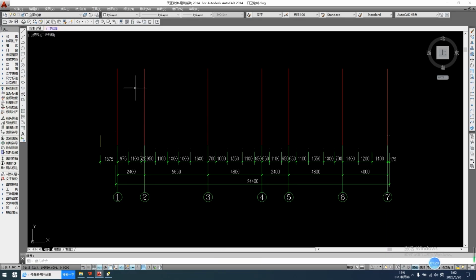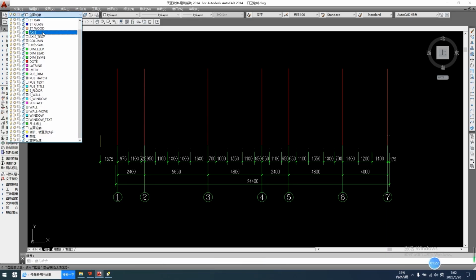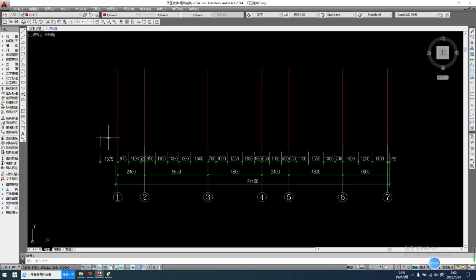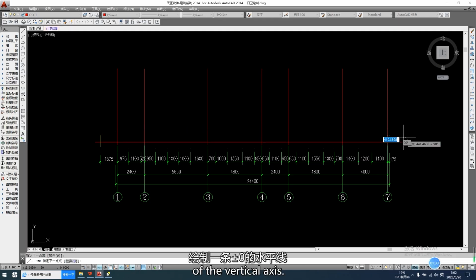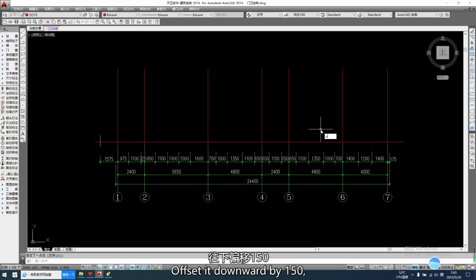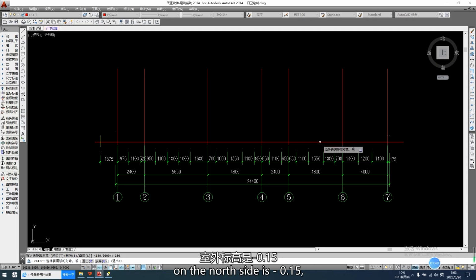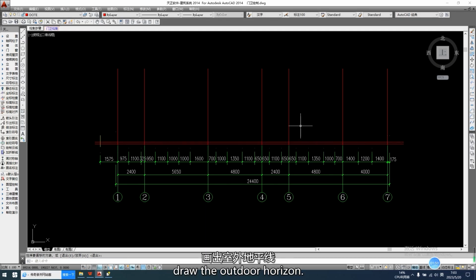First of all, we switch the layer and draw a horizontal line of plus or minus 0 at a relatively lower position of the vertical axis. Offset it downward by 150, because the outdoor elevation on the north side is minus 0.15, to draw the outdoor horizon.